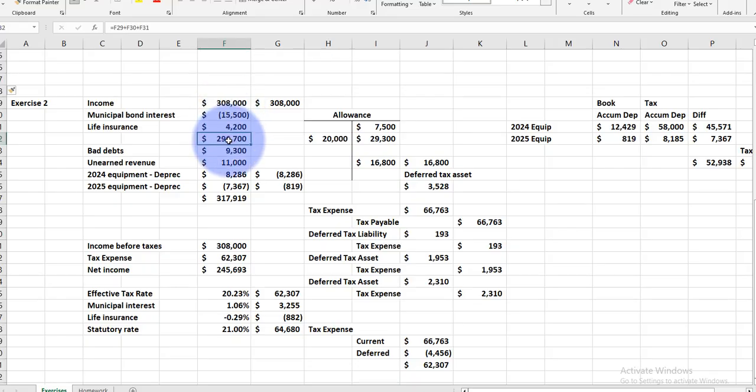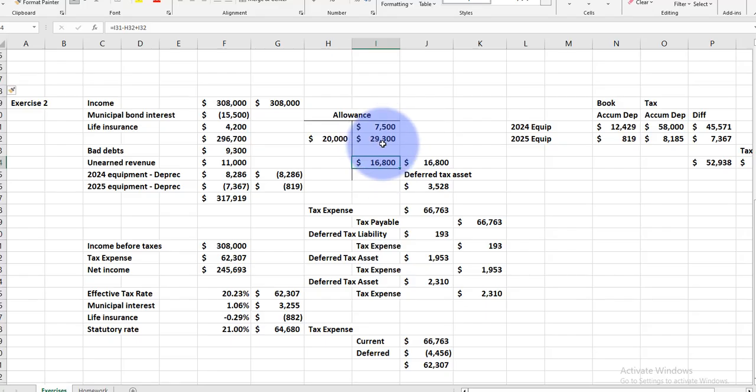Before we do any temporary differences, our permanent differences have brought our income on the tax return down to $296,700. Bad debt's a little tricky. We have the $7,500 allowance left over from last year. It told us that our $20,000 was written off. That's what we get to deduct on the tax return, what we actually write off. And they told us there was an estimate of 2% of $840,000 in the allowance, so there needed to be 16.8 in the allowance after we make our adjusting entry.